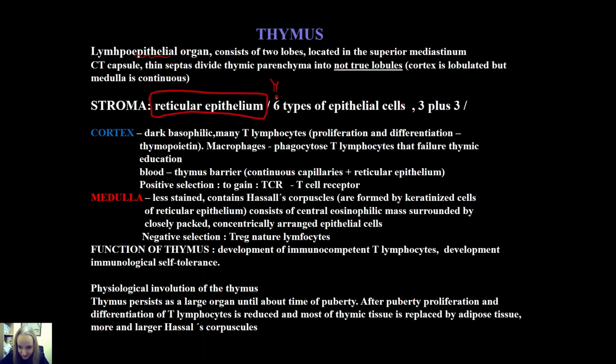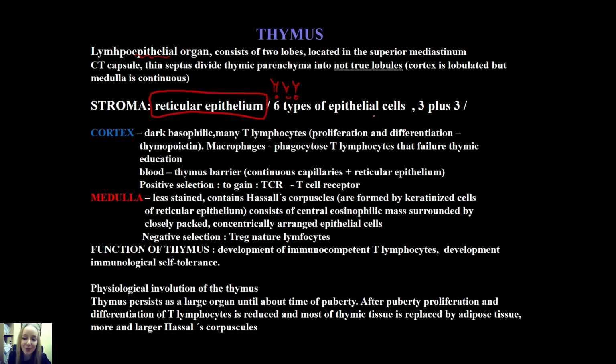Very important reticular epithelium, because it's important for pathology, because carcinoma, that is a tumor of epithelial tissue, can develop in the thymus because it's made of epithelium. I hope you understand why it is so important. And there is also keratinization that can go on in this epithelium here in the thymus.